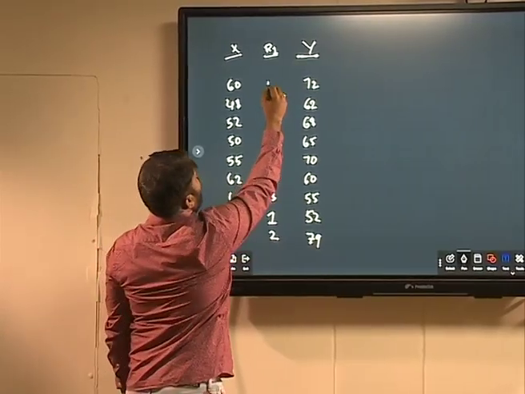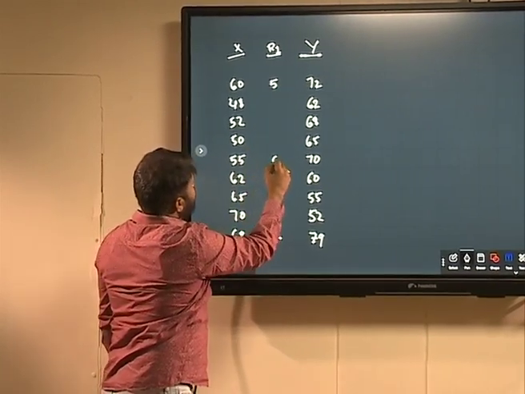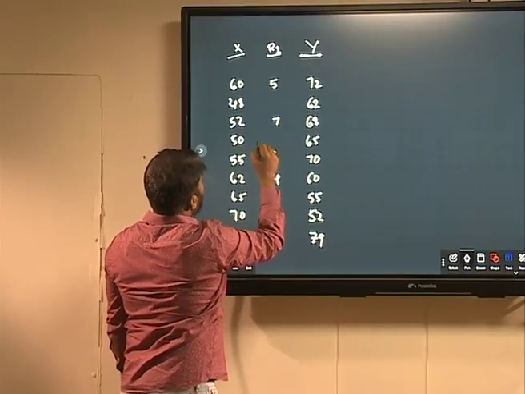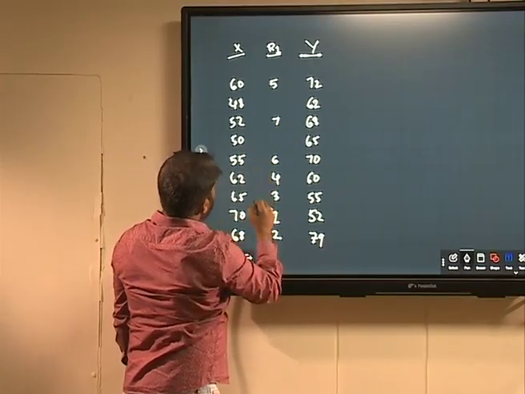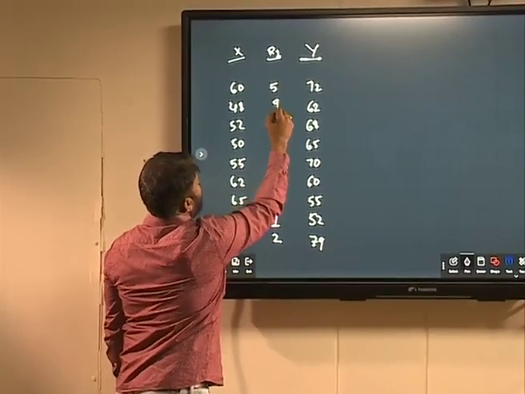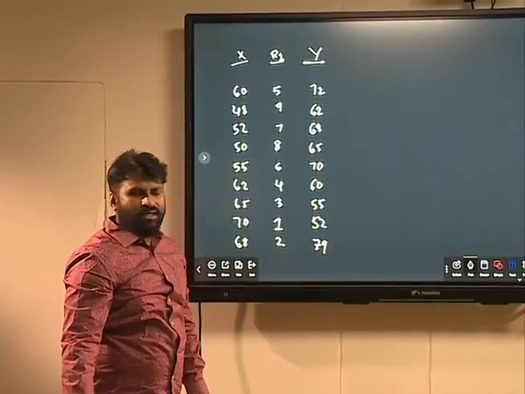This is the fifth rank. After 60, 55 is the sixth rank. After 55, the seventh rank. After 52, this is the eighth rank. This is the ninth rank. So here I assigned all the ranks.